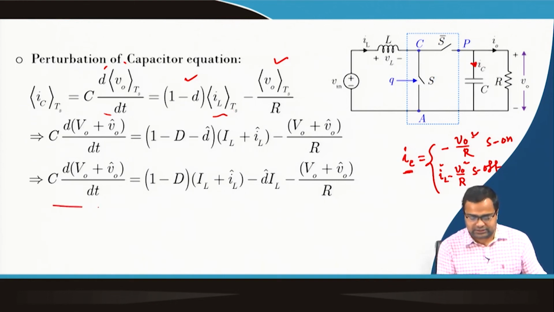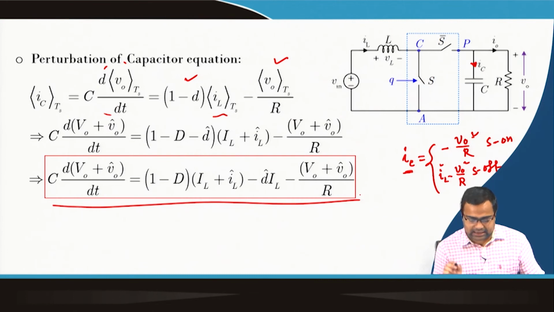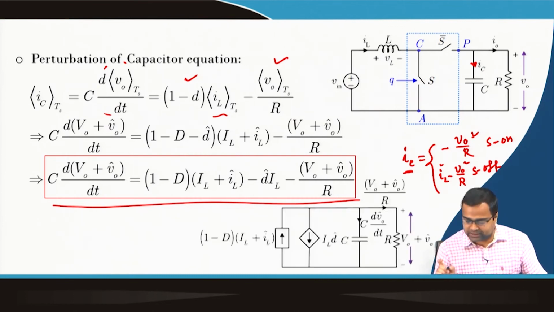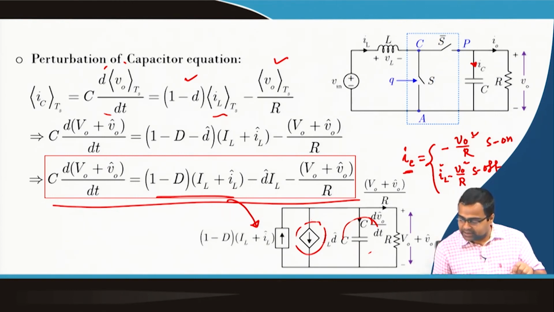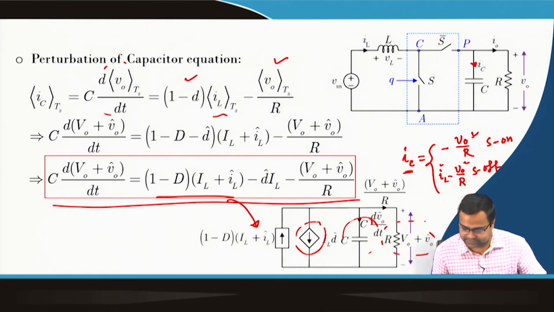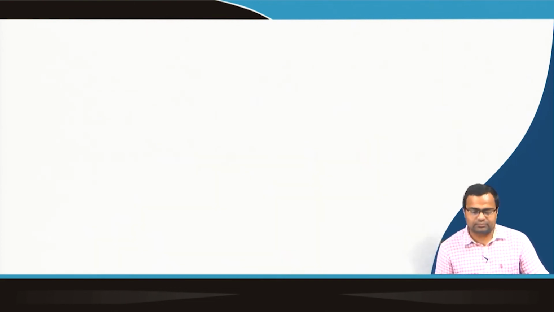So, you can write down this expression, and if we ignore the product of perturbations, then the derivative of this term will consist of this term, which is here, minus this term, which is going down, and then minus V0 by R, which is nothing but this voltage by resistance which is going out.